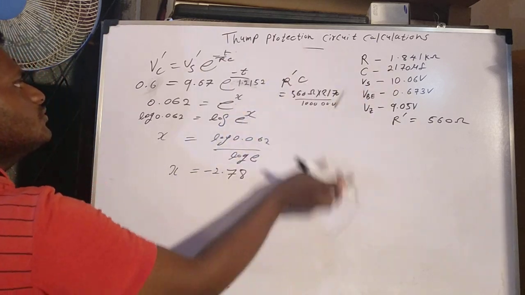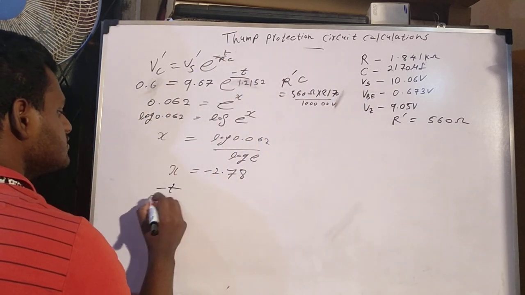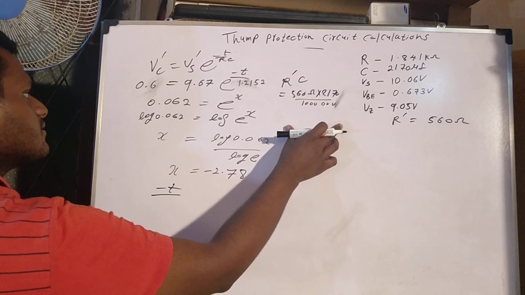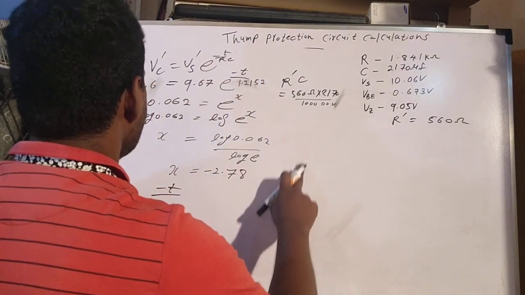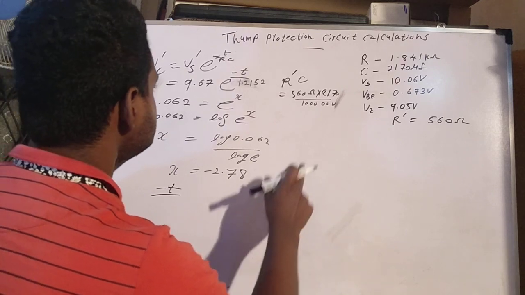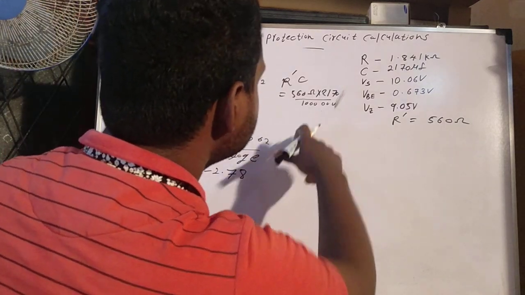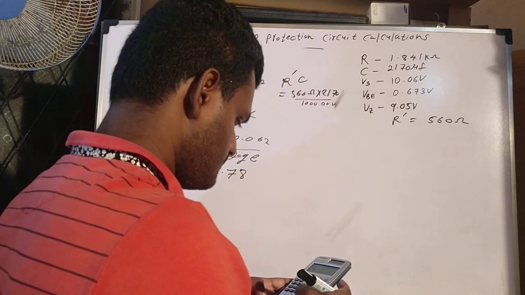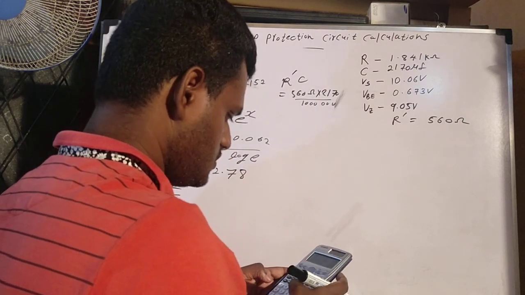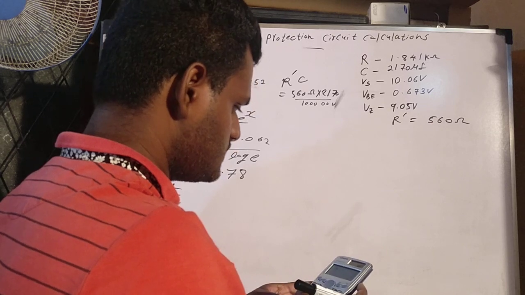So what I'm going to do is apply it here: minus t over R dash C. What is the value here? I forgot that value. We have to calculate again: 560 times 2170.